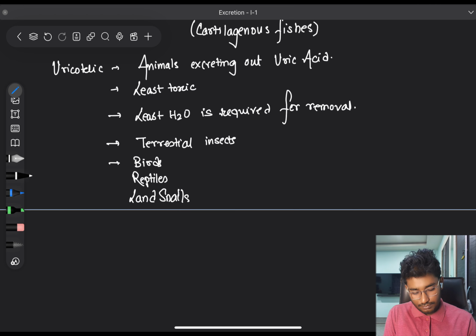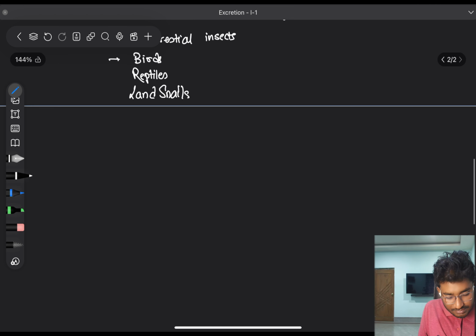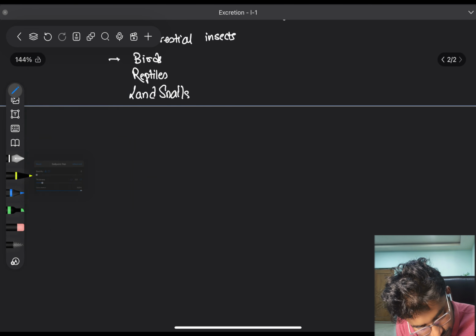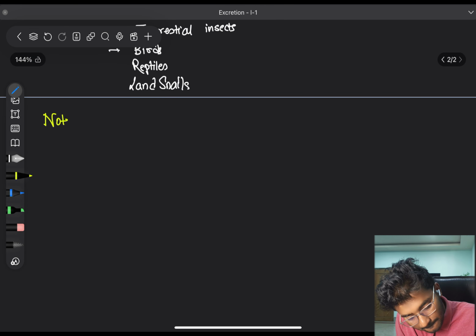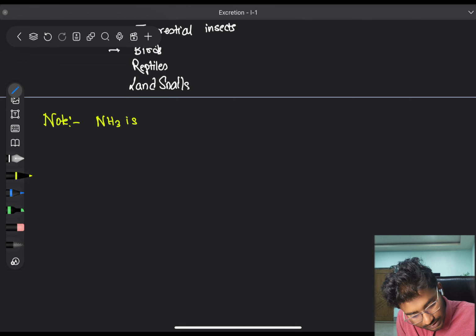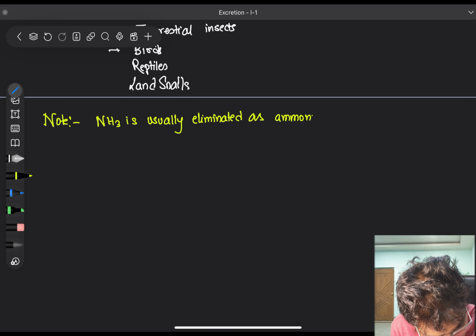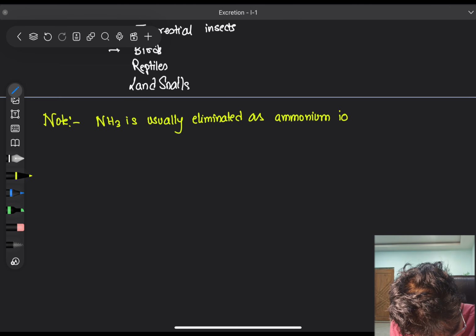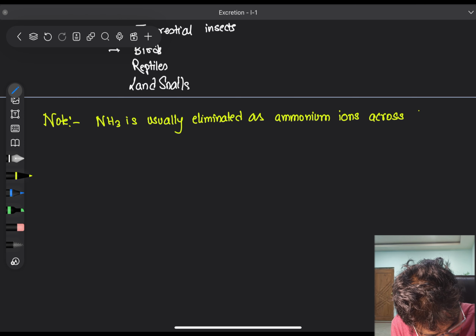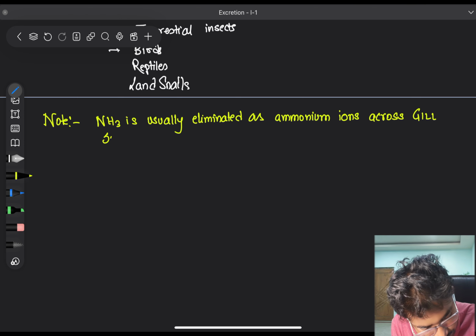Now come to the next part. Take it as a note. Ammonia is usually eliminated as ammonium ions across the gill surface.